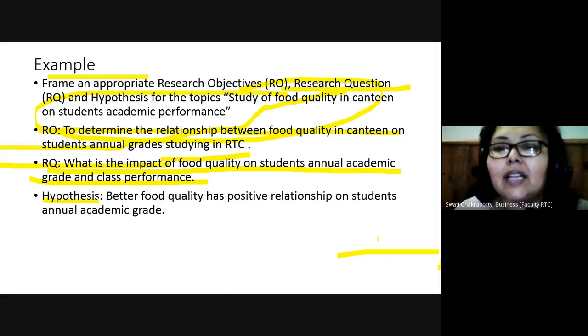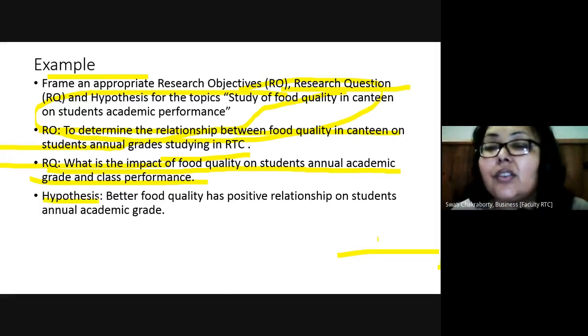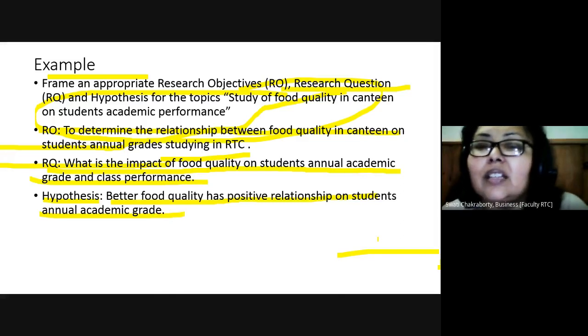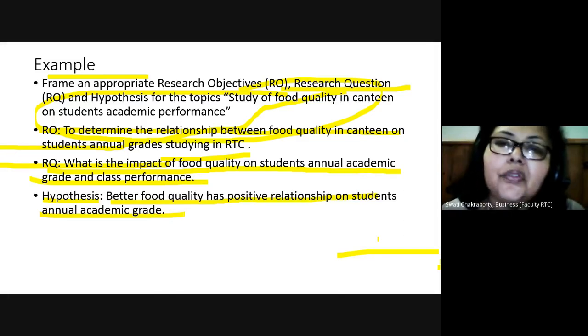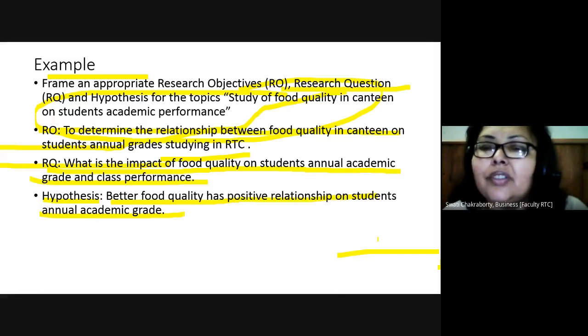From there comes your hypothesis. That's your assumption, what you think your result will come up with: better food quality has a positive relationship with students' annual academic grade. If through your analysis you come up with this, then your assumption is correct.